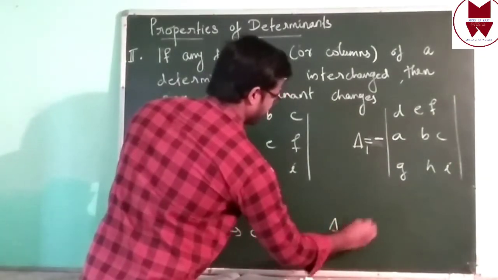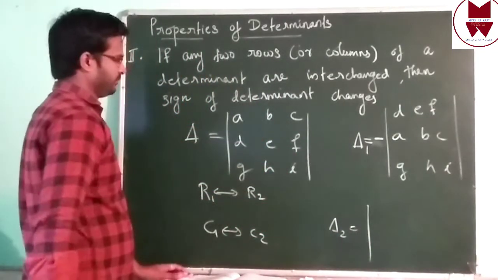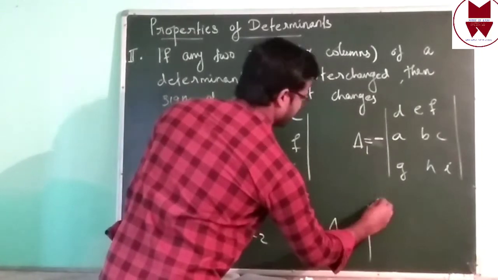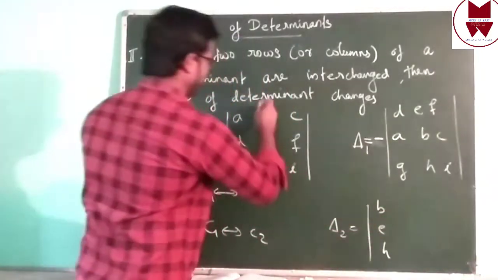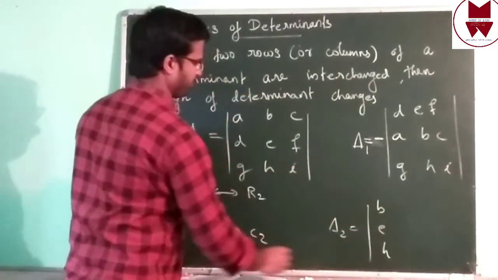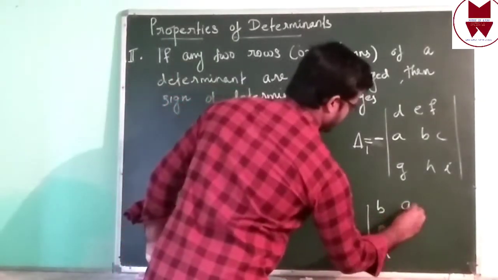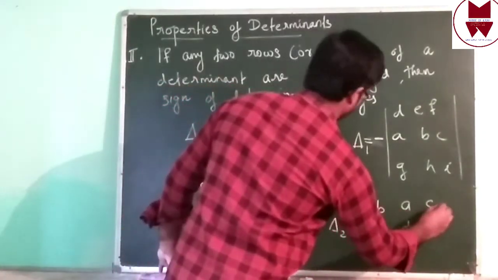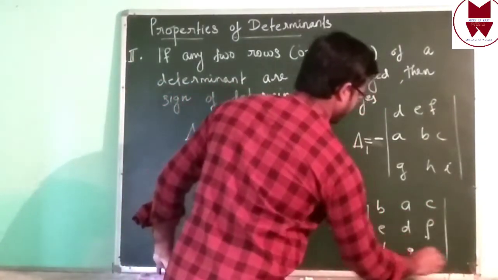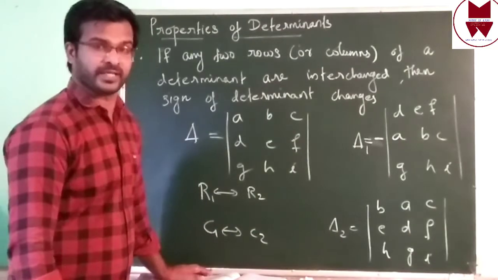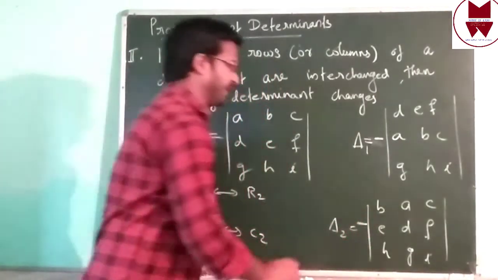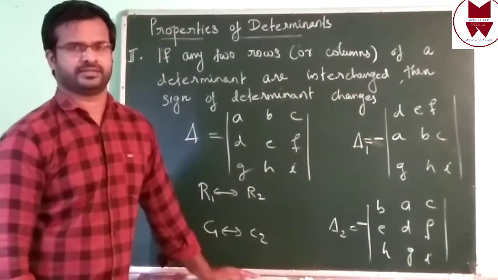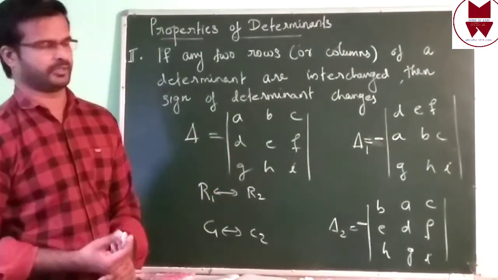Delta 2: we consider the first determinant with C1 and C2 interchanged, that means A, B, E, H. The second column I made the first column, and the first column I made the second column. Here two columns are interchanged, that time also the sign will change. Here plus becomes minus. Keep in mind, that is the second property.